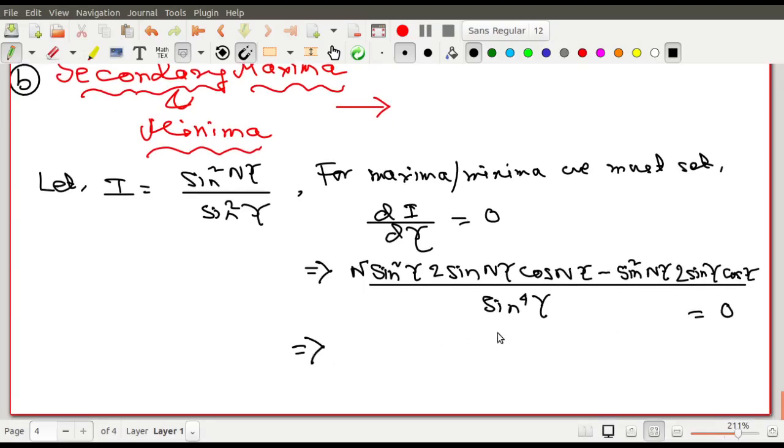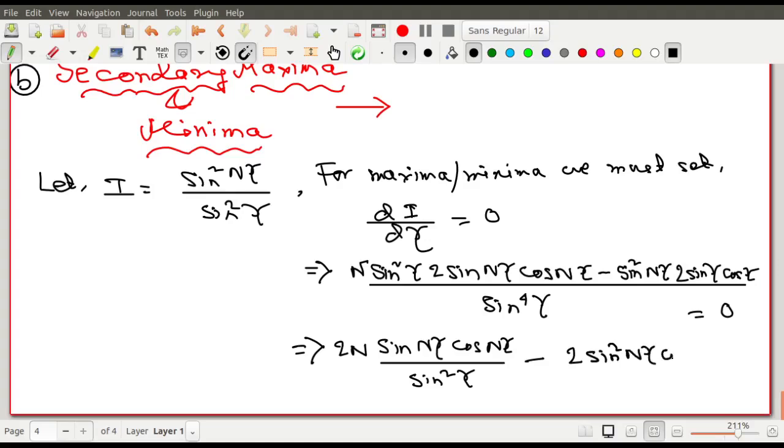So first of all, this sin to the power 4, and don't cancel everything, পটাপট করে ক্যান্সেল করো না। So you will have 2n and then you will have sin n gamma cos n gamma divided by sin to the power 4 gamma, sin square gamma actually, sin square and sin to the power 4 gets cancelled, minus over here you will have 2 times sin square n gamma cos gamma by sin cube gamma, that is equal to 0.